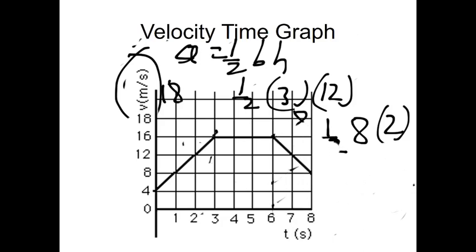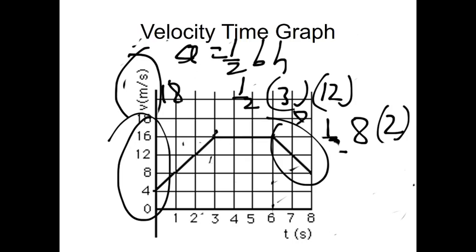It has a negative acceleration. That's what the slope down and to the right means, but notice that the velocity, if we look over here on the y-axis, never gets below 8 meters per second during that section of the graph. So it's positive 8 meters per second. It's still moving forward, but with a negative acceleration.